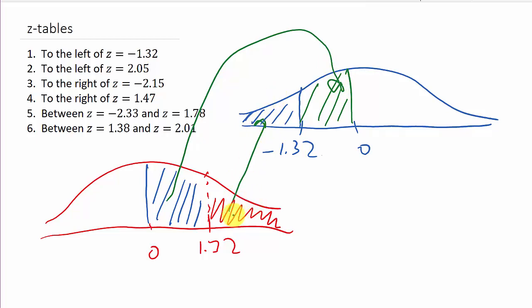So if we're looking for this, when we look this up, it gives us this area. Remember, this entire area to the right totals 0.5. So if we do 0.5 minus this area, that will leave us with this. So let's go look up 1.32.